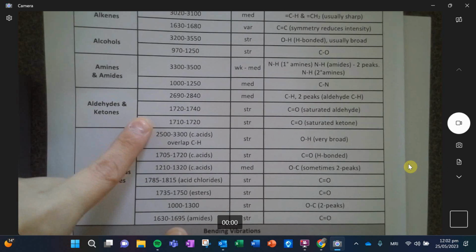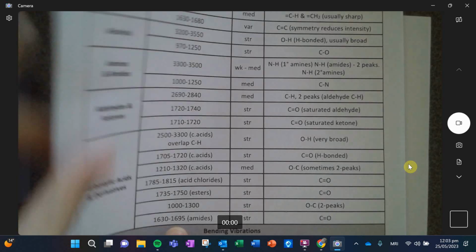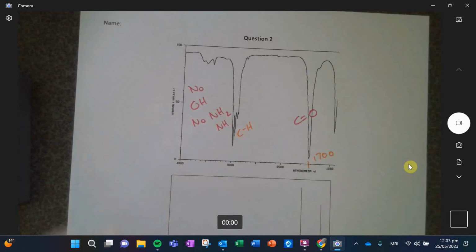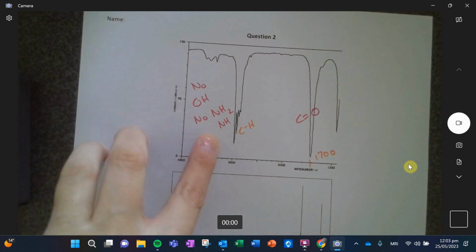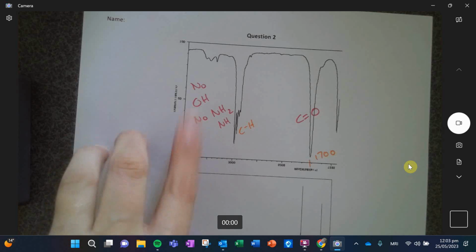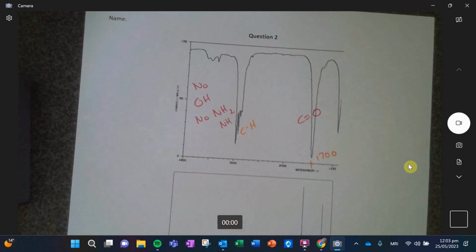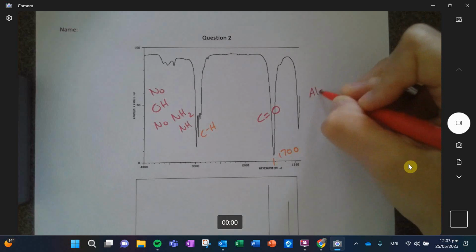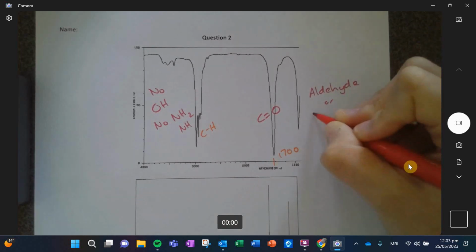I wouldn't use that as an indicator per se of this carbonyl is definitely in this type of molecule because these are so close together. What I would use instead is the other hinting information. So from this hinting information, I don't see OH and I don't see NH2 or NH1. So what that tells me then is that this is an aldehyde or ketone. So I'm just making that note, aldehyde or ketone.